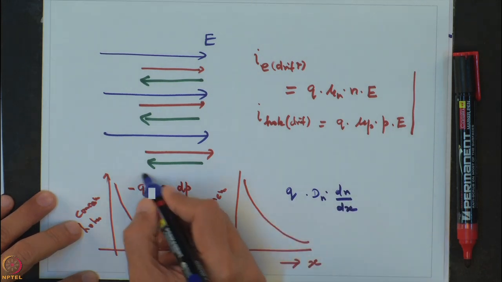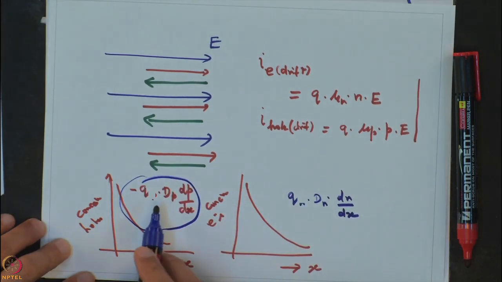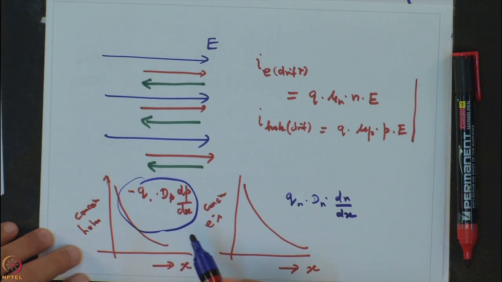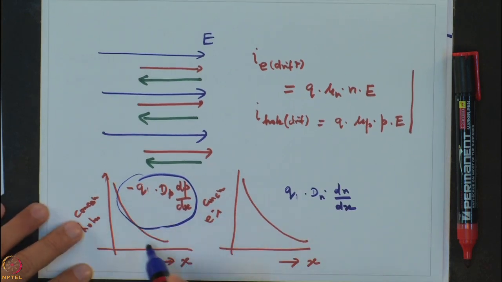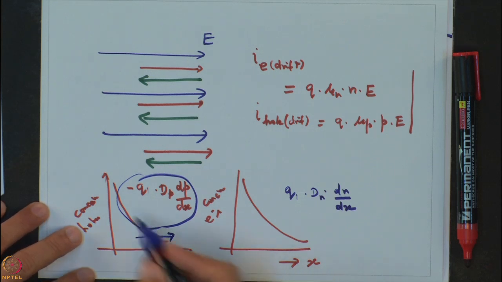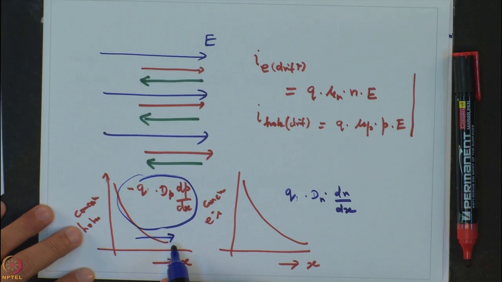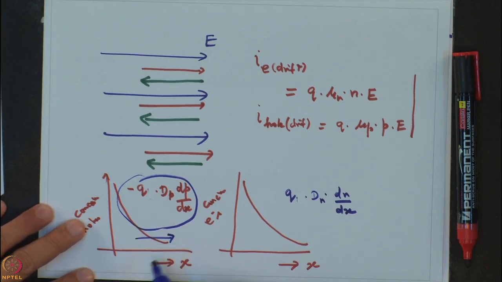Okay. Now, there is a negative sign that will come along with the expression for holes. That is because we have the concentration gradient for the holes, which is in this direction, and which is negative. So, we have a negative gradient of the diffusion as we go towards the right, but the conventional current is also in the direction of holes. So, wherever the holes are flowing, that is the direction of the current.